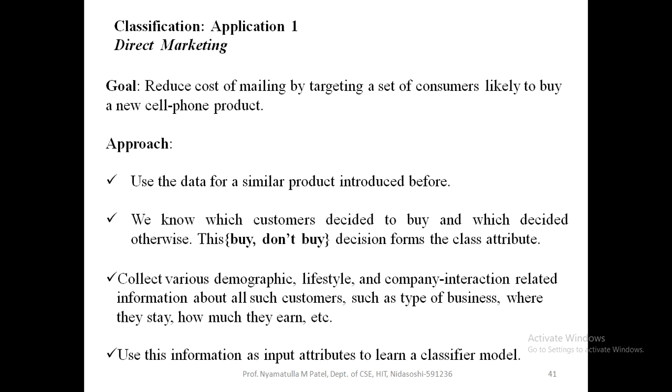What is the approach? Use the data for a similar product introduced before. You want to sell a new phone, so find the customers who have bought the same type of cell phone in the past. Take that data.